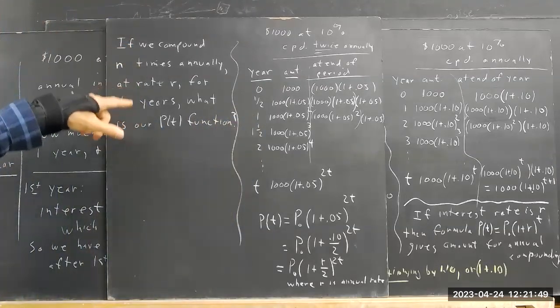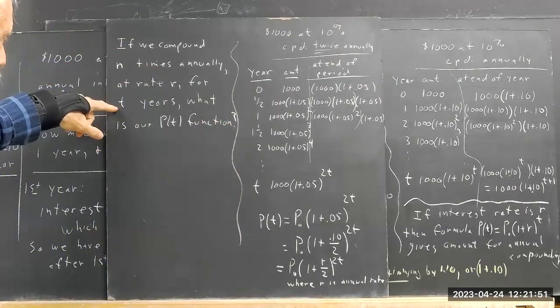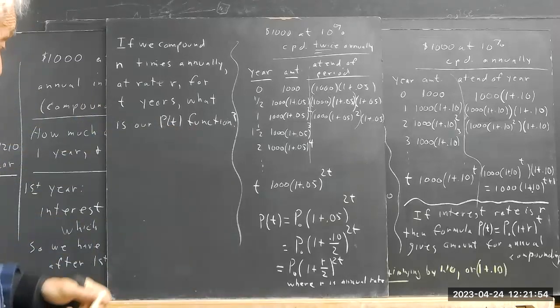Okay. We compound n times annually at rate R for T years. What's our P of T function?